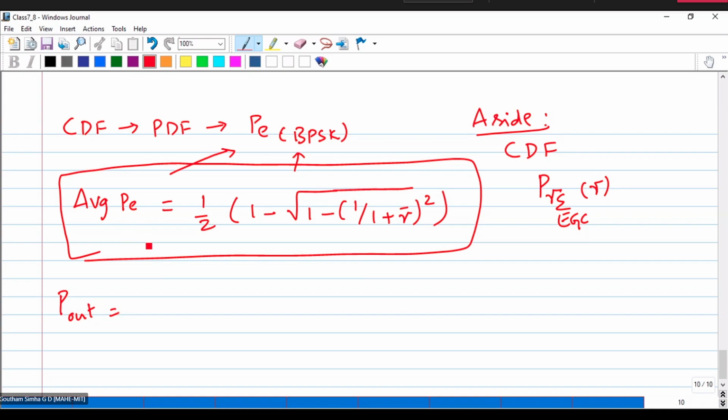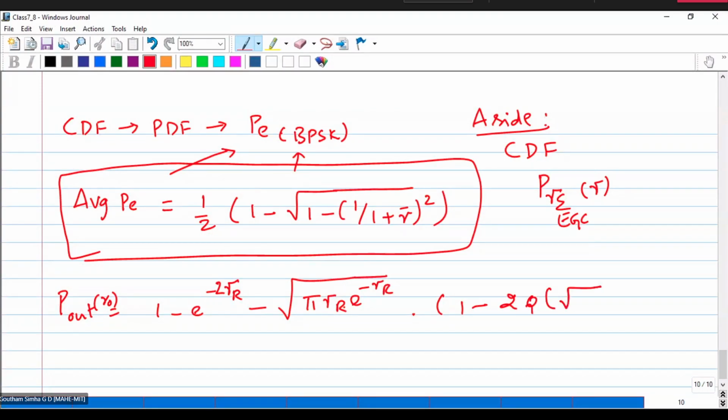Outage probability is defined in terms of P out of gamma naught, that is 1 minus e to the power of minus 2 gamma r, minus square root of pi into gamma r into e to the power of minus gamma r into 1 minus 2 times Q of square root of 2 gamma r. This is my outage probability for EGC.